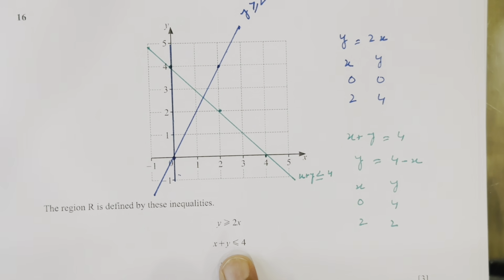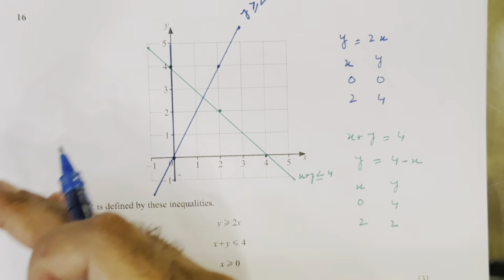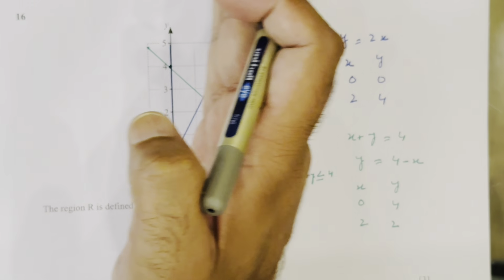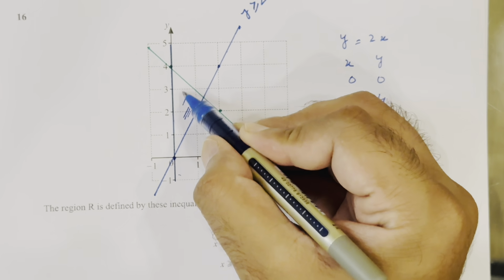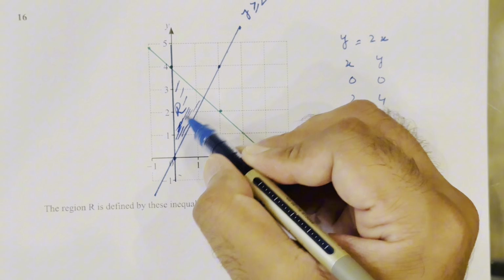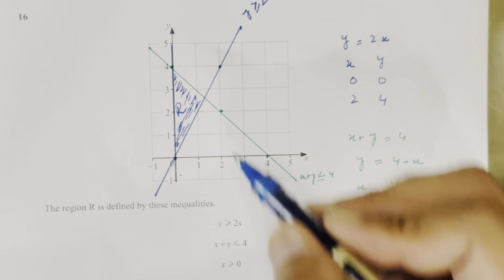X plus y is less than, it means it's lower. It's less than, so it means its lower side should be shaded. And x is greater than or equal to 0, it means this line should be shaded. So the common region over here would be like that, and we're gonna write R over here. So this would be over label diagram and shaded portion.